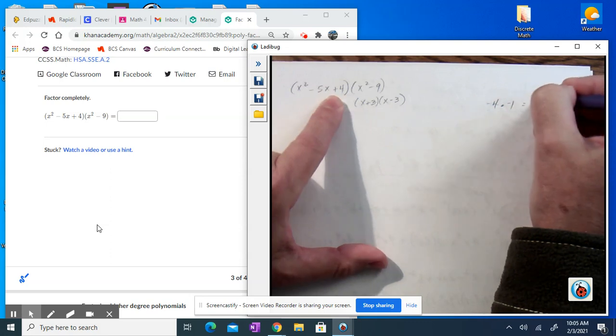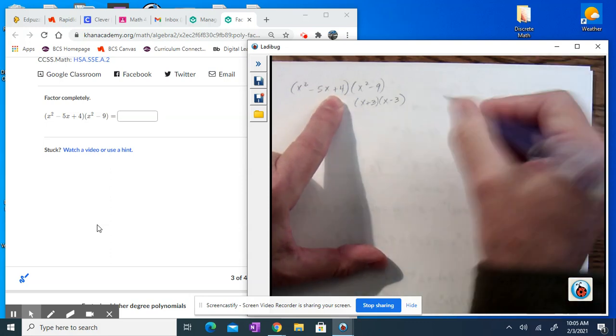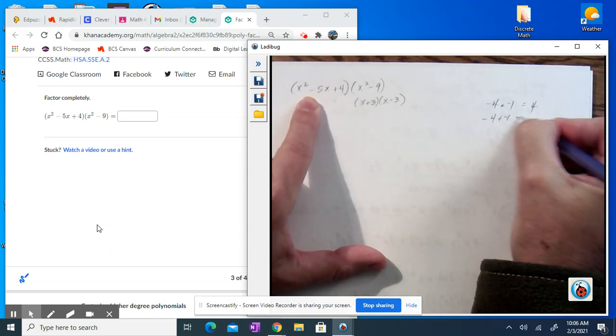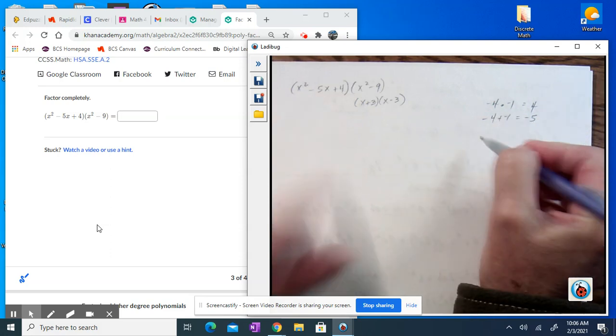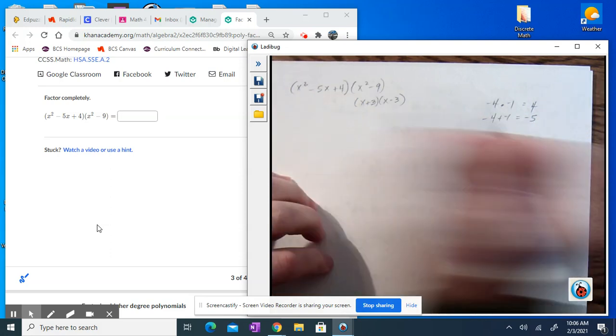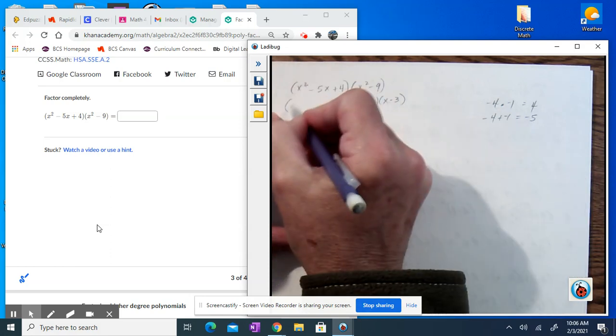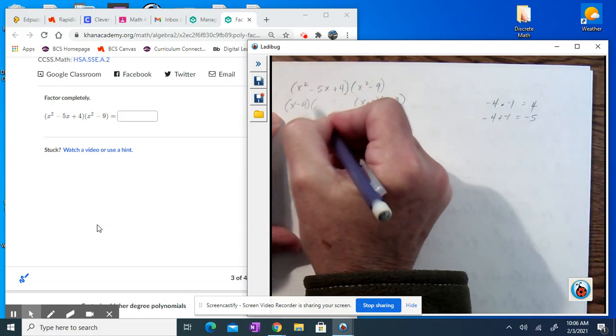But they also have to add up to -5, so -4 plus -1 is -5. So that's what we want to make this factor. So this will factor to x minus 4 times x minus 1.